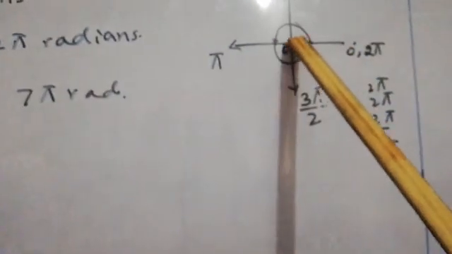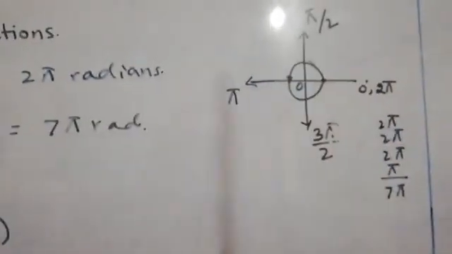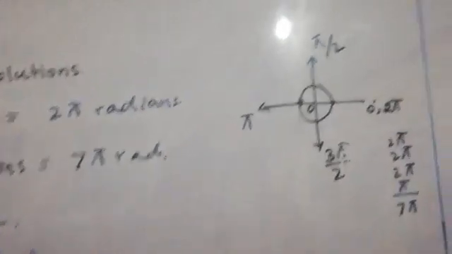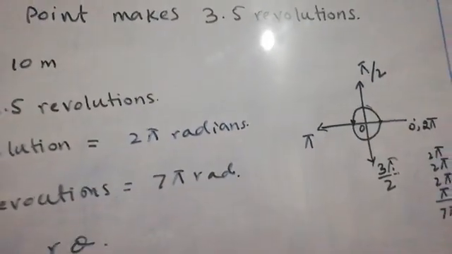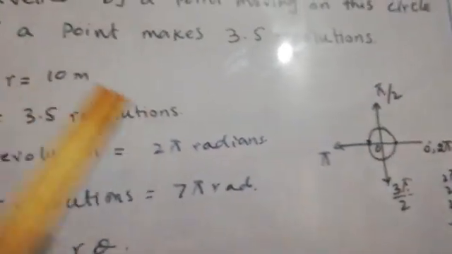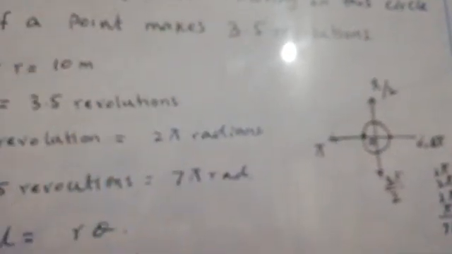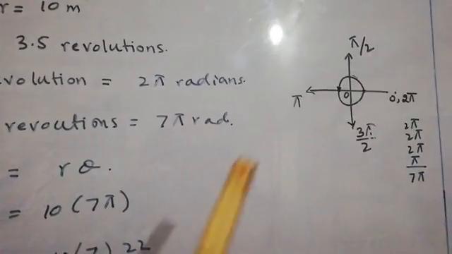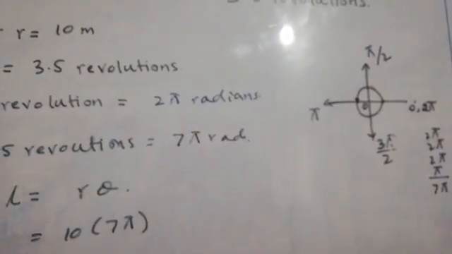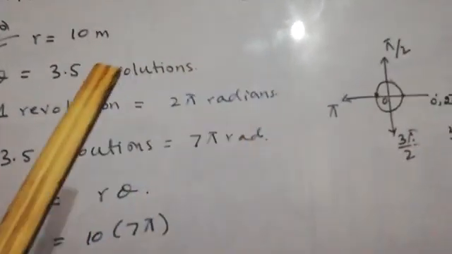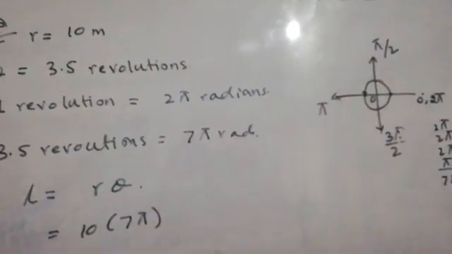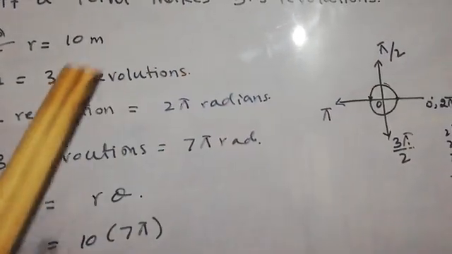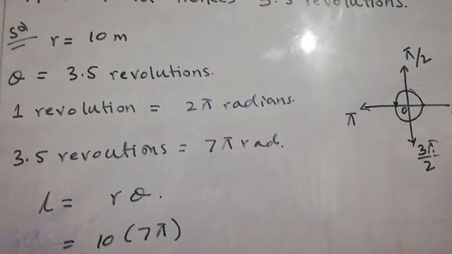Now we will check that the radius is equal to 10 meters. For example, this one is the radius which is equal to 10 meters. Like this, for example, if there is a chowk, like in our Bahawalpur there are Fawara Chowk, Saiki Chowk, etc., and a motorcycle or a point or a person is revolving around that chowk, that circular region again and again, then it will make some revolutions.